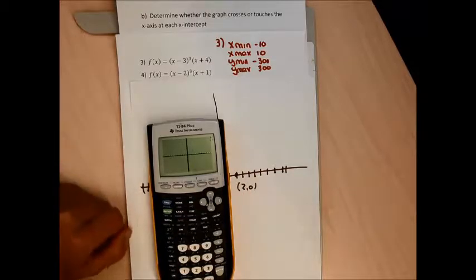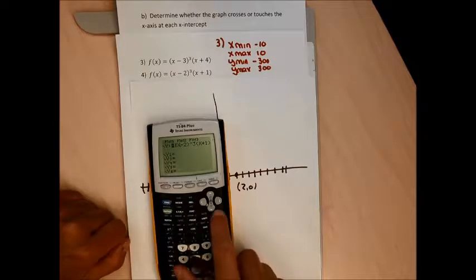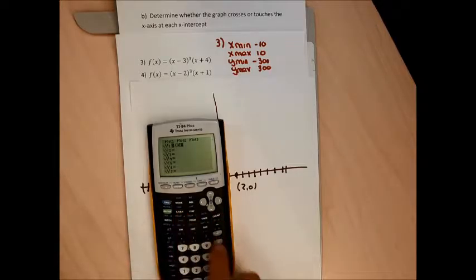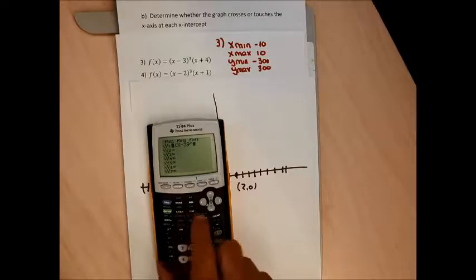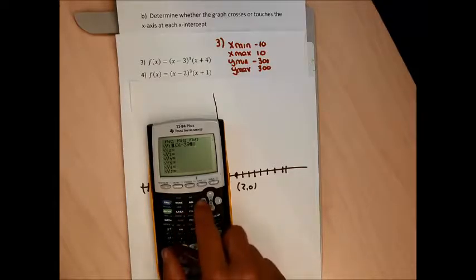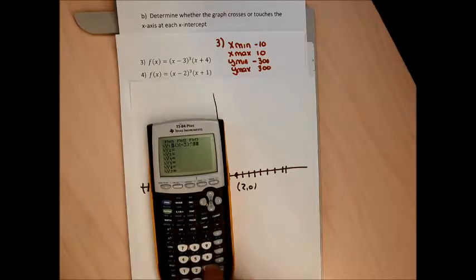Graph it, see what I get here. That's a wretched window. How could it be such a bad window? Let me graph yours real quickly to make sure that I did well with your window. (x − 3)^3 times (x + 4).